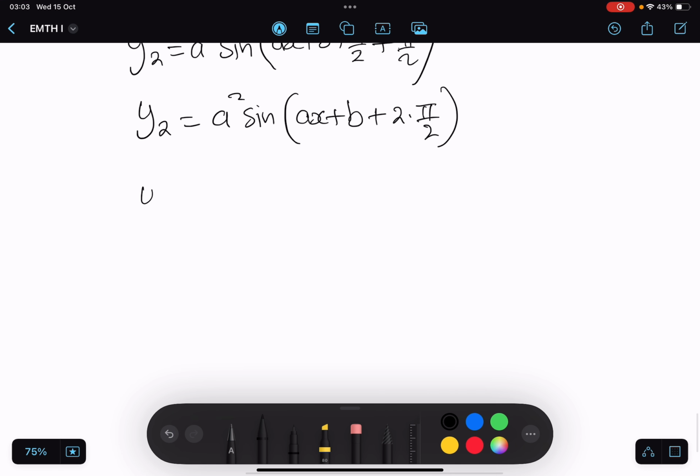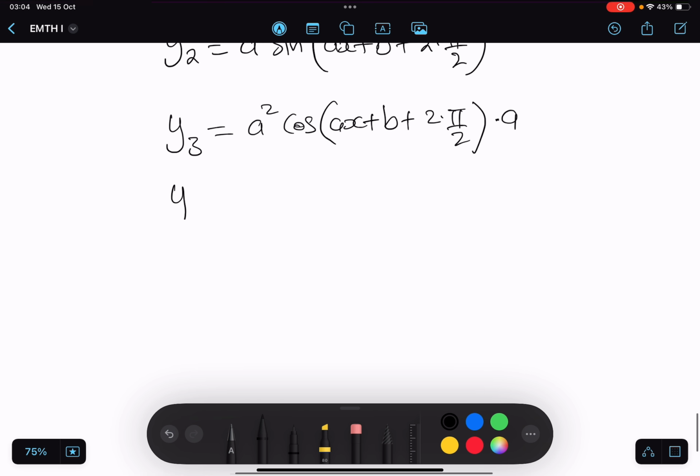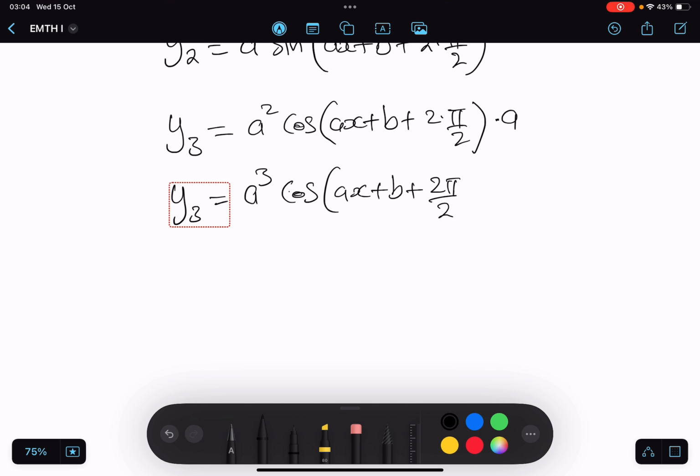And then if we are finding the third derivative of this, we are going to have a squared cos, because the derivative of sine is cos, ax plus b plus 2 times pi over 2. And then we're differentiating what is inside, we're going to get a again. So y3 is equal to a cubed cos ax plus b plus 2 pi over 2, right?